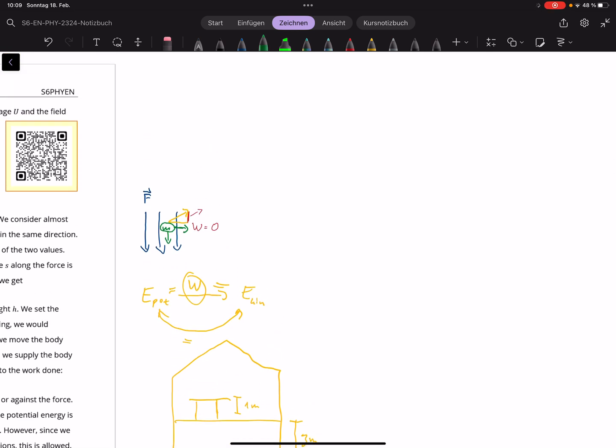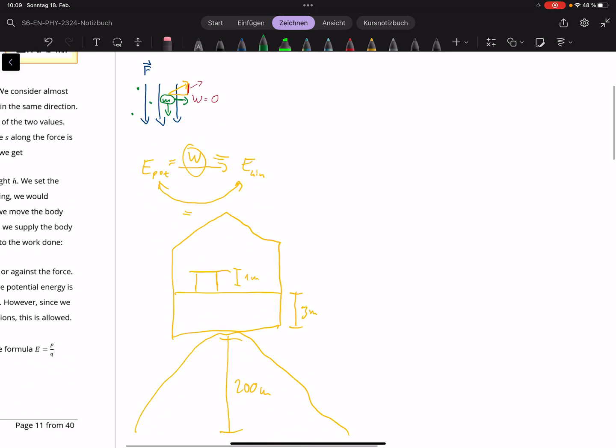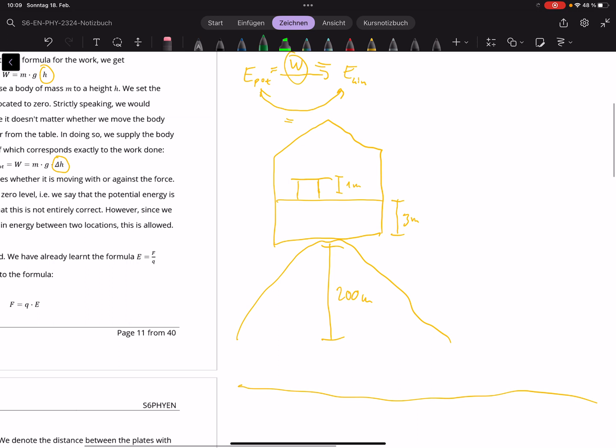The force is the same, no matter if it's here or there, because the field strength is constant. So the g is the same everywhere in that field. That is why we can just set, for example, the floor here as where the potential energy is 0, and then we have a delta H.